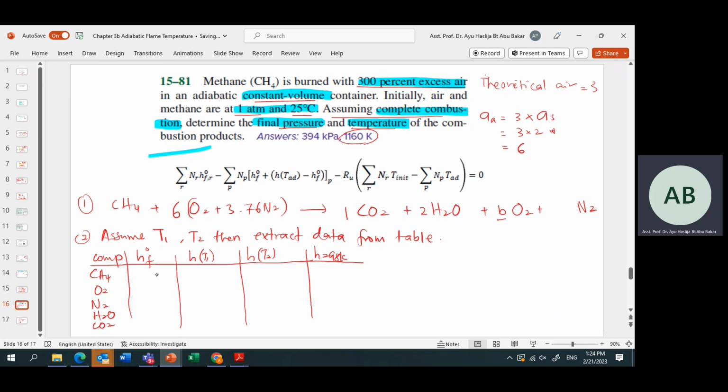Okay, once you extract all the data, then plug into the equation. Okay, step 3. Input the data into the equation.